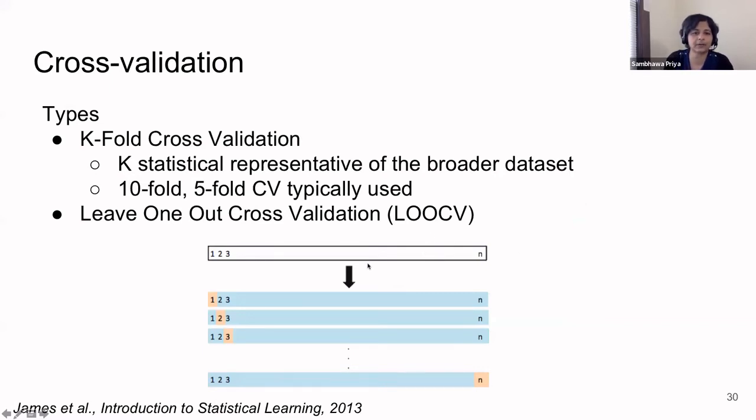If there are n data points in the original sample, then n-1 samples are used to train the model, and the one left-out sample is used for validating. So every single sample, as you can see in the schematic, is used for validation at one point during the cross validation approach.